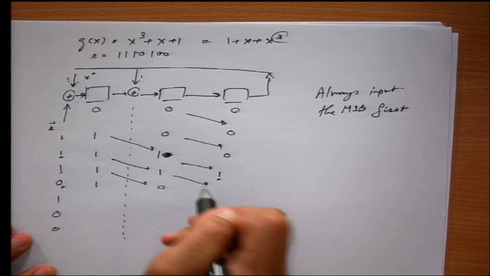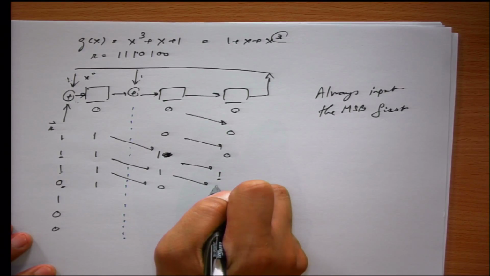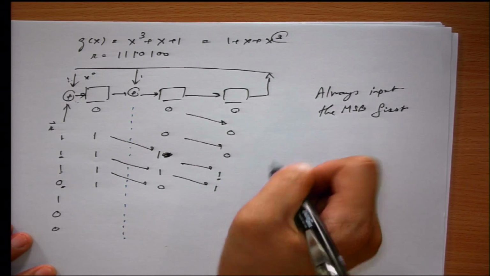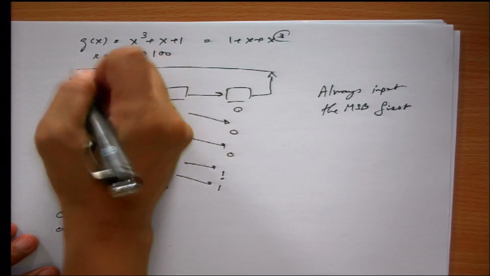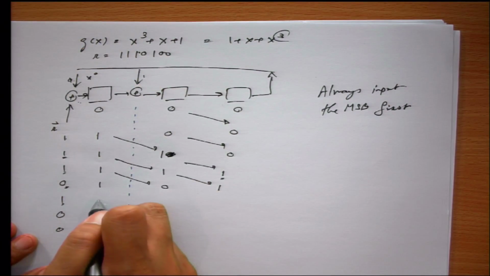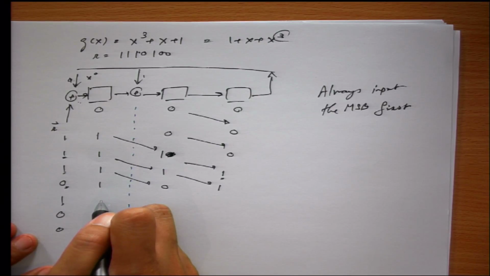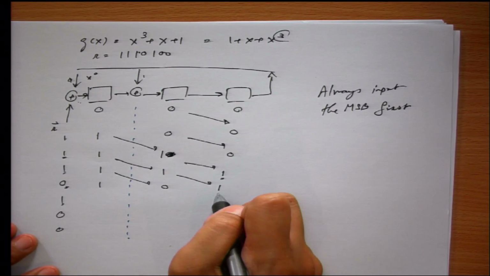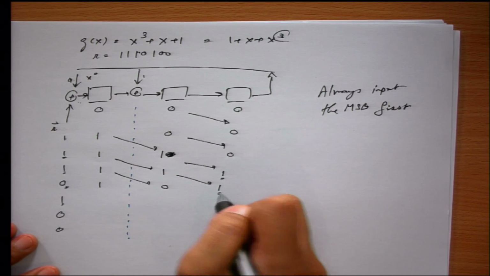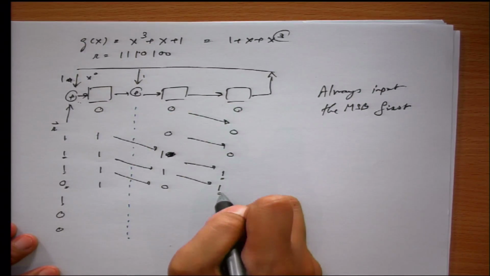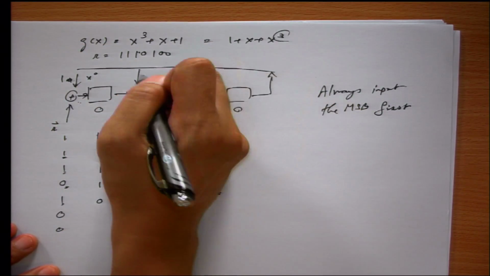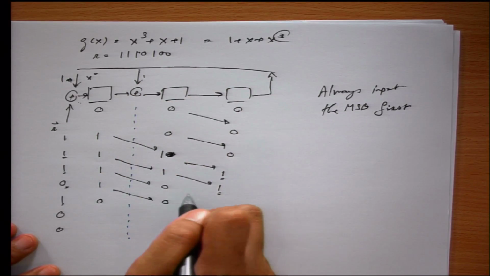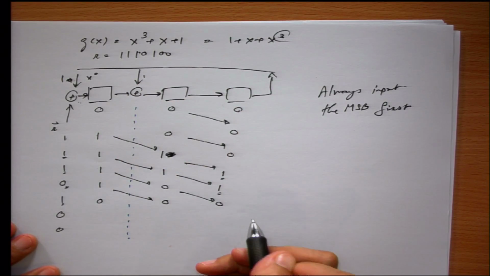And this one is 1 again. Then 0 is shifted over here. Sorry, 1 is shifted over here. At this point, 1 is shifted over here, 1 plus 1 is 0. So 1 is shifted over here, changing the value. This is the same value.